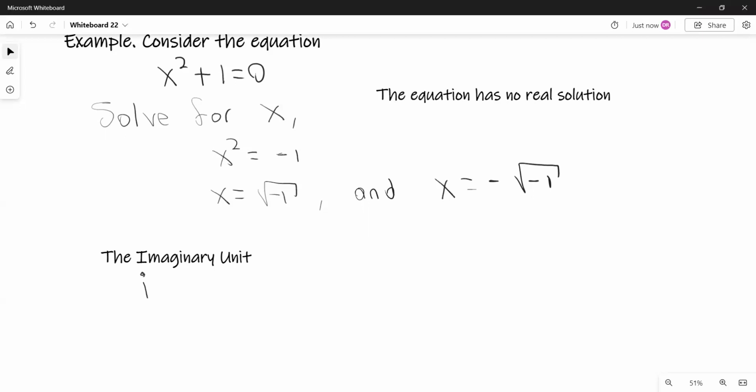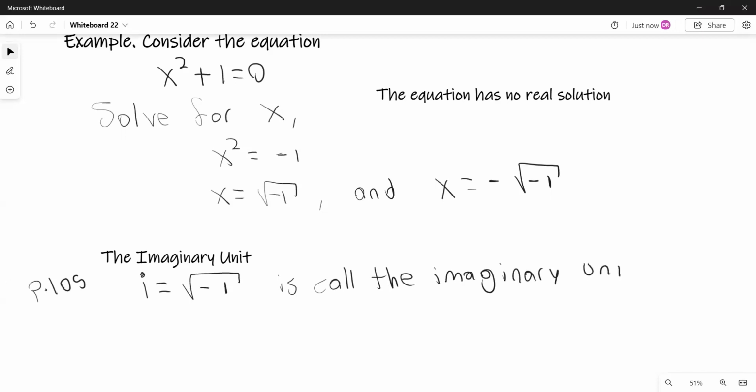So i equals the square root of -1. It's called the imaginary unit. This, by the way, is on page 105. I'm just going to write it by hand. And i squared is -1.